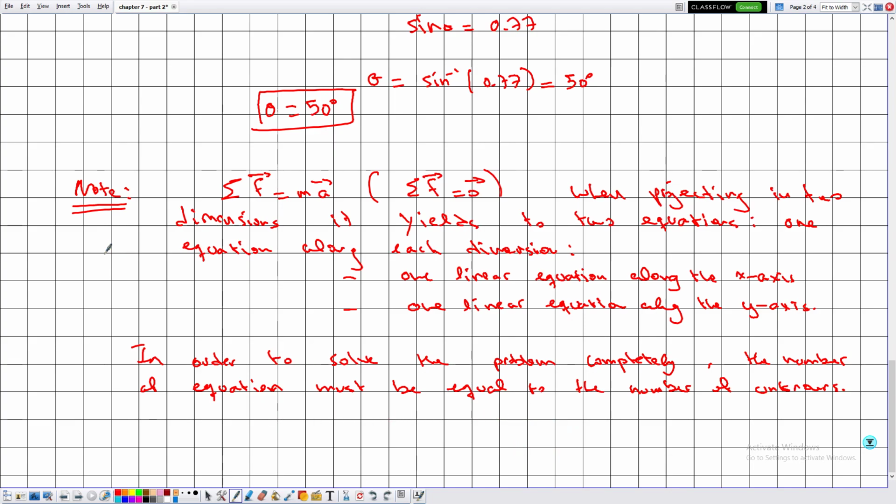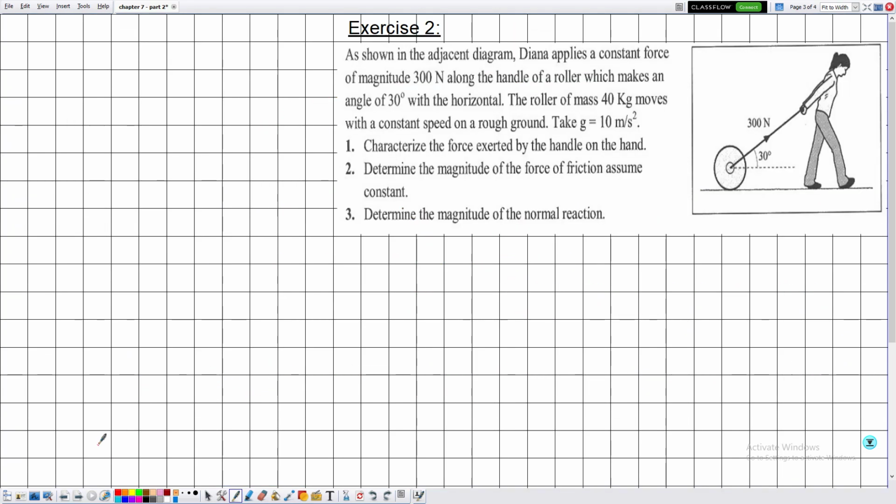Now let's move to exercise number 2. They are telling me, as shown in the adjacent diagram, Diana applies a constant force of magnitude 300 newtons. So what's the type of this force? This is a muscular force along the handle of a roller, which makes an angle 30 degrees with the horizontal. The roller of mass 40 kg moves with a constant speed on a rough ground.